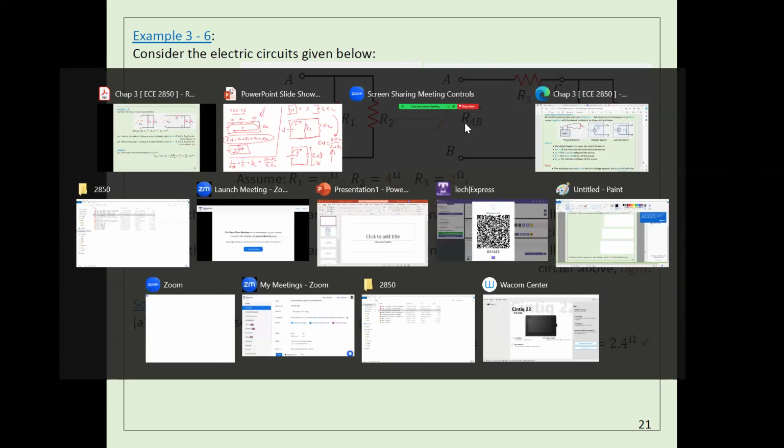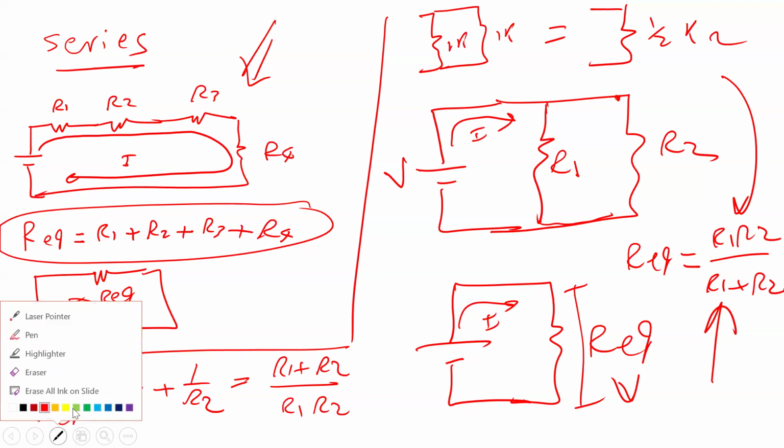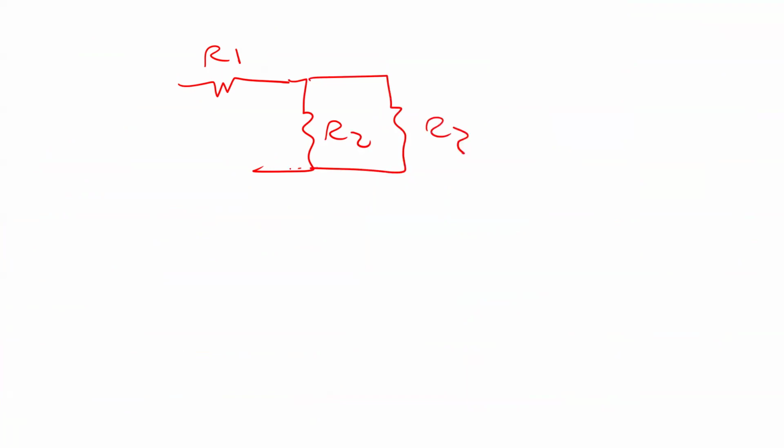Let me explain. I have a resistance here, I'm going to call it R1, and then I have R2, and then we have R3. I want to calculate what resistance you are going to see from here. If you have a source here, what total resistance can you see?